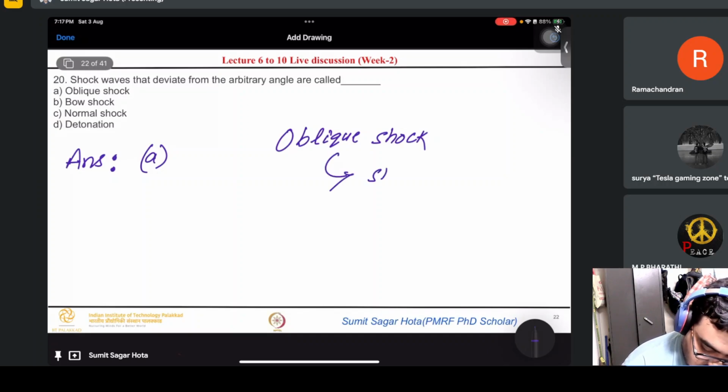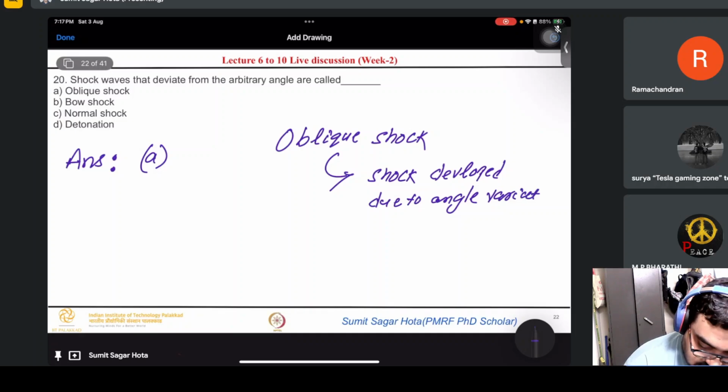This shock is developed due to angle variation with respect to the flow direction.